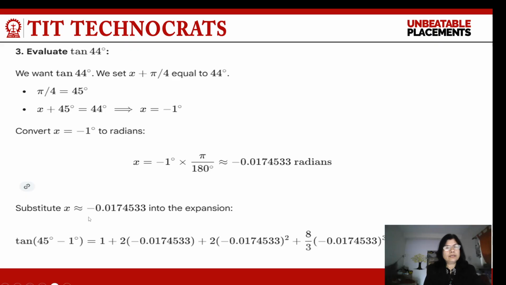Substitute x = minus 0.0174533 into the expansion, that is tan(45 degrees minus 1 degree), that is tan 44 degrees, because we want to find tan 44 degrees. So it is equal to 1 + 2 into minus 0.0174533 + 2 into (minus 0.0174533) whole square + 8/3 (minus 0.0174533) whole cube + 10/3 (minus 0.0174533) to the power 4.